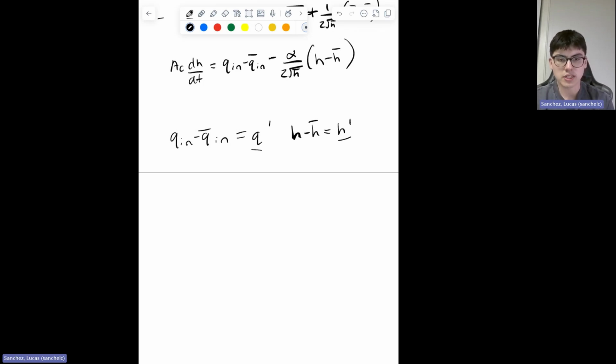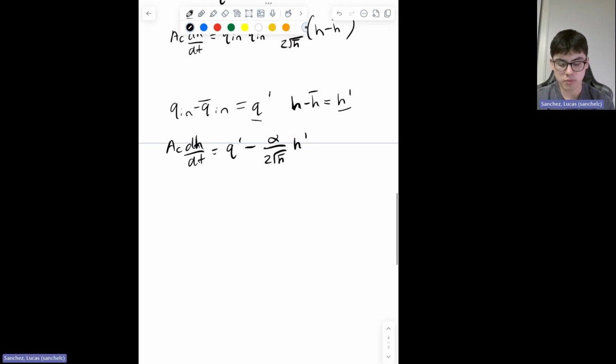So now we're going to attempt to set this function, Ac dh/dt, in terms of these deviation variables. So substituting in the values, Ac dh/dt is equal to Q prime minus alpha over 2 square root of h bar times h prime.